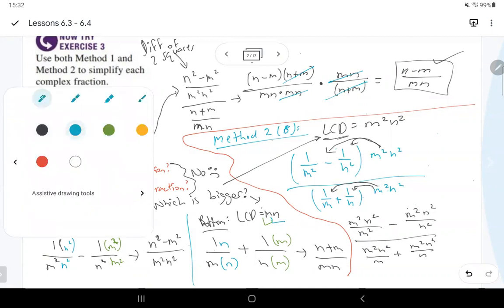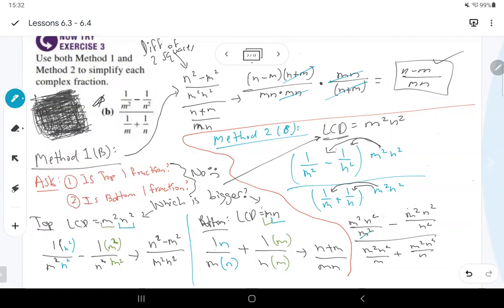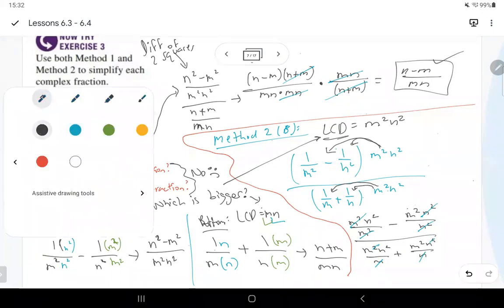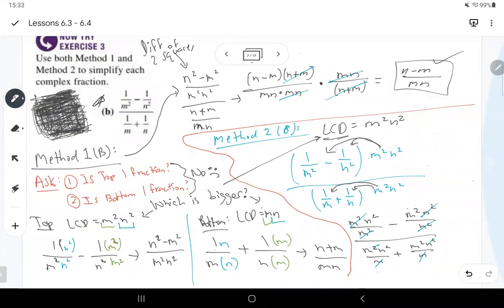You can simplify right away on the top. The bottom's a little bit harder. You have to realize that there's one m and you'll have one m remaining, the same with the n's. So then we end up with n squared minus m squared over m n squared plus m squared n. And you have to remember again that we have the difference of two squares.